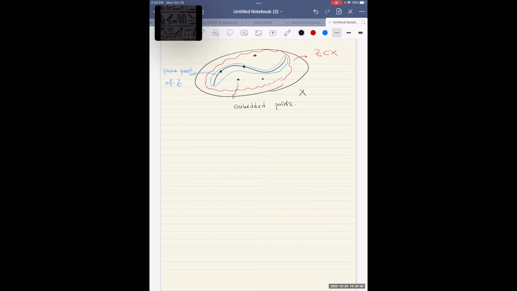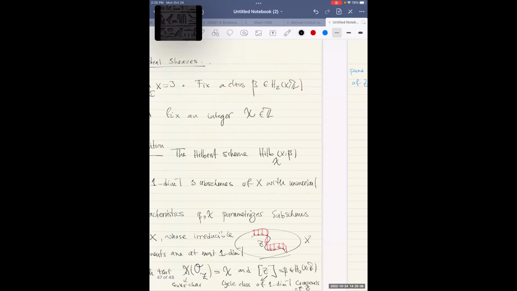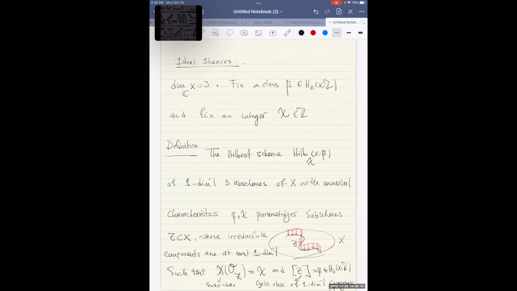So you might say, well, I don't understand that. I don't understand what's going on. The point is that module theoretically, in algebraic geometry, subschemes are basically associated with sheaves, with ideal sheaves.